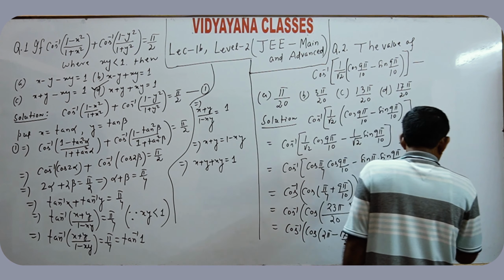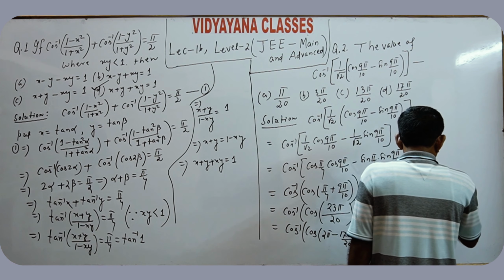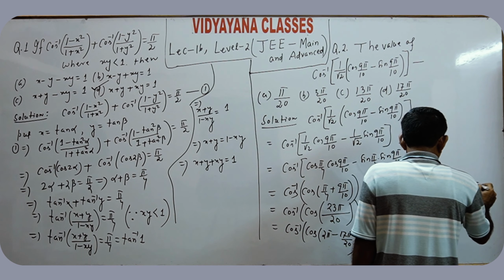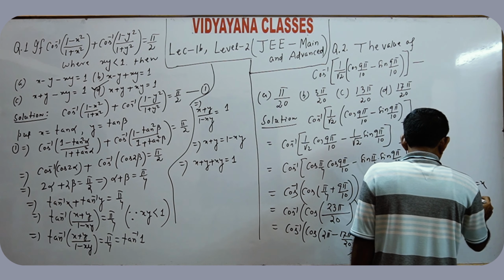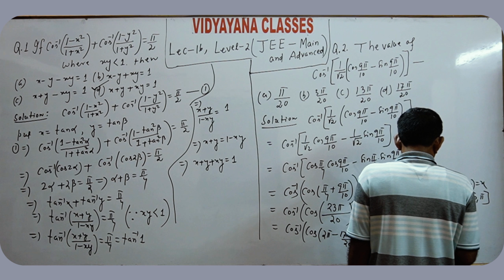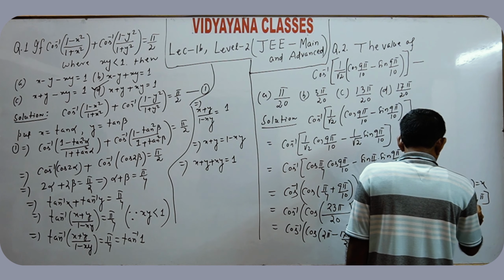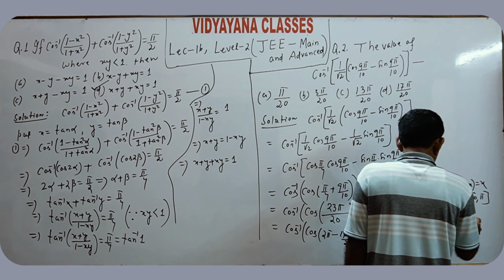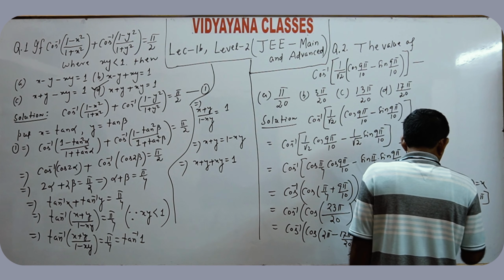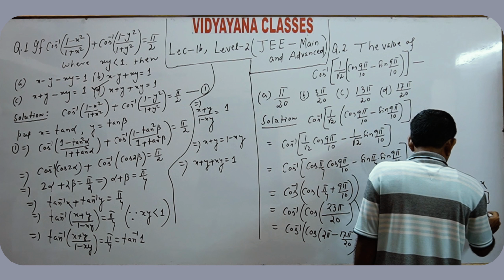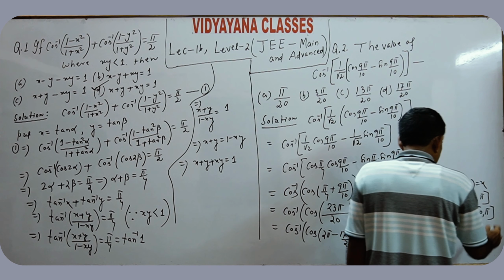Since cos inverse cos x is equal to x if x belongs to closed bracket 0 to pi. Here 17 pi by 20 belongs to closed bracket 0 to pi.